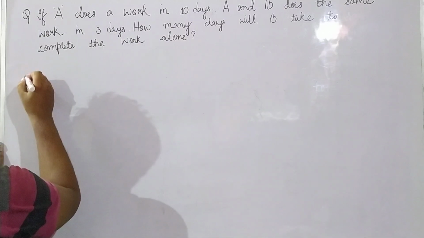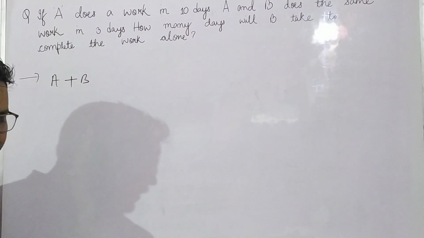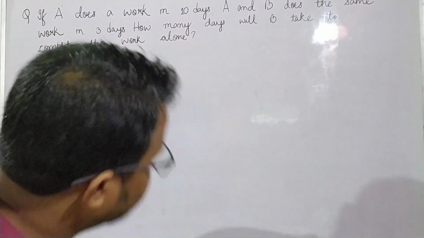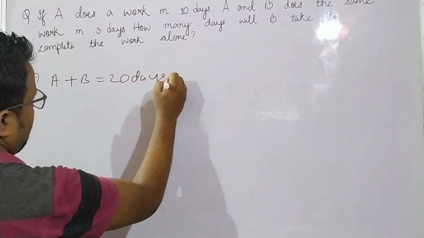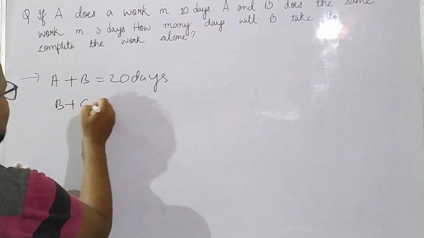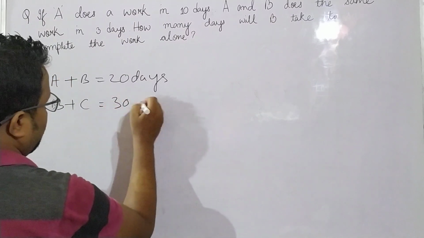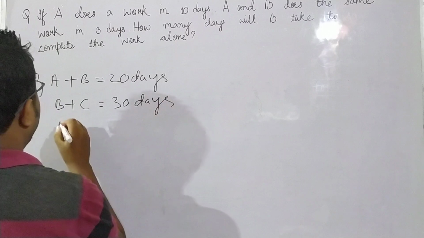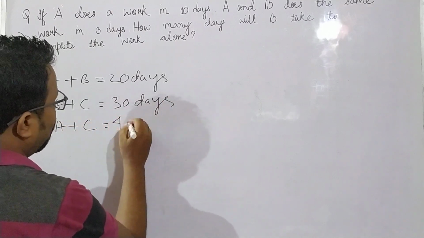A and B can do a work in 20 days. B and C can do the same work in 30 days. Again, A and C can do the same work in 40 days.